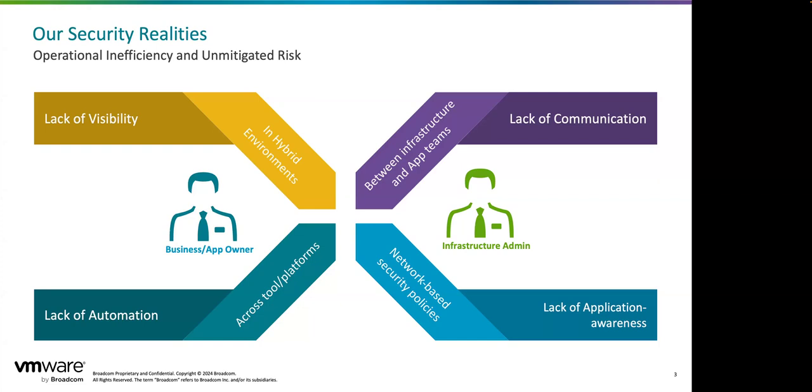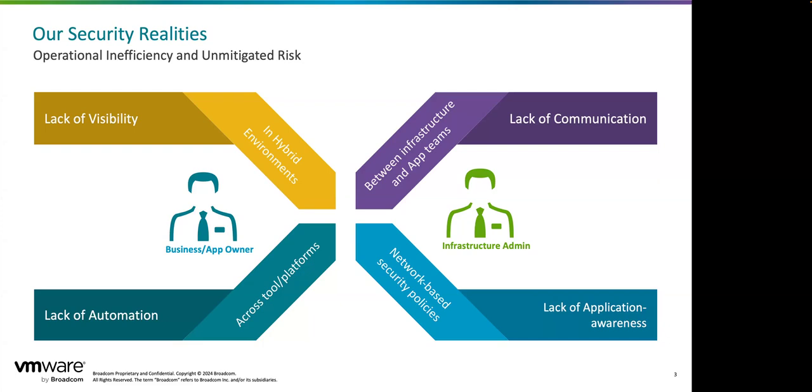Now, looking at most heterogeneous environments where there's different tools and different platforms, we then find that there's a lack of automation, or if not a lack of automation, certainly a complexity to automation that makes it very difficult to scale. The lack of communication between the infrastructure and the app teams often causes tremendous issues and creates unmitigated risk in the environment.